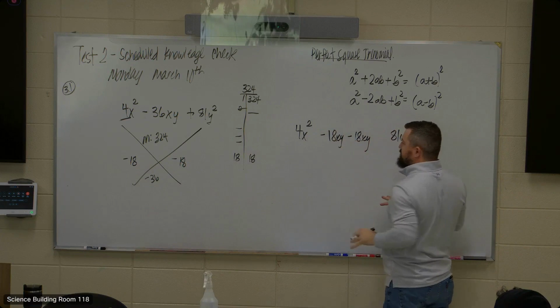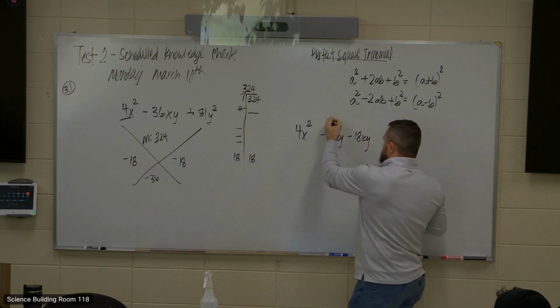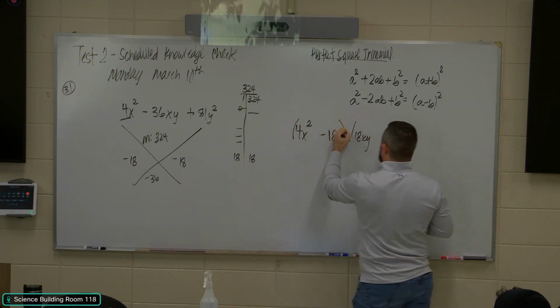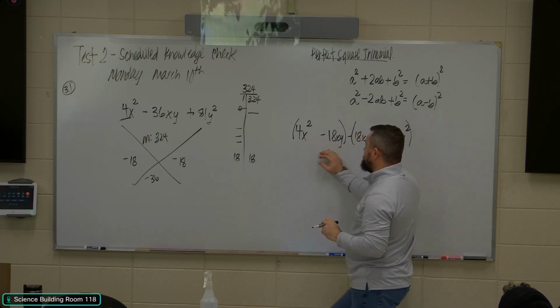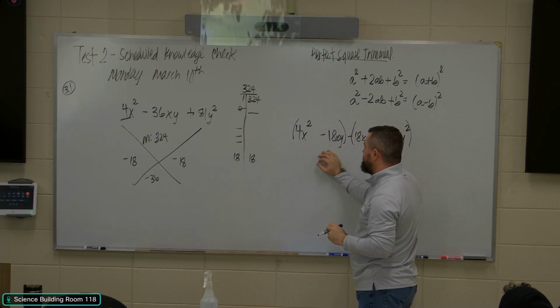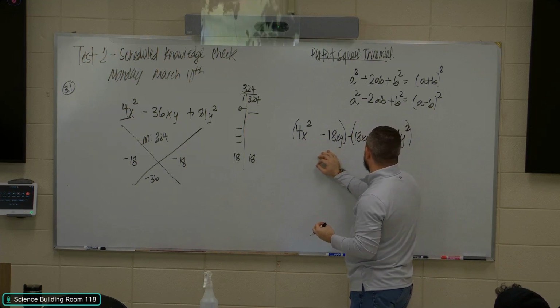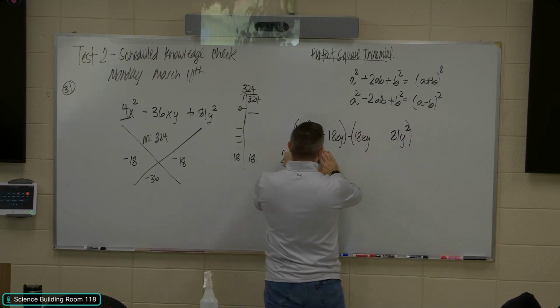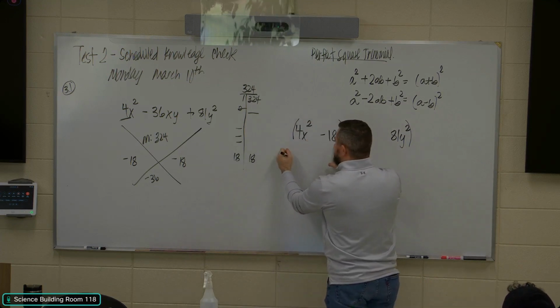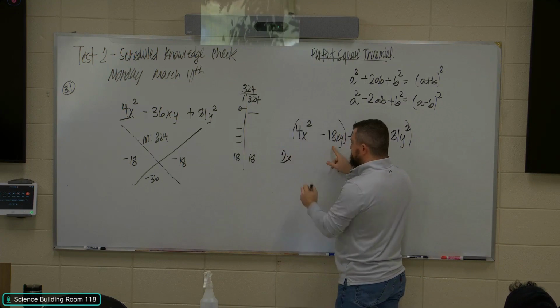And now that it's 4 terms, I'm going to group the front and I'm going to group the back. So 4 and 18 have a common factor of, I think, just 2. And they also have an x. So take out a 2 and an x.